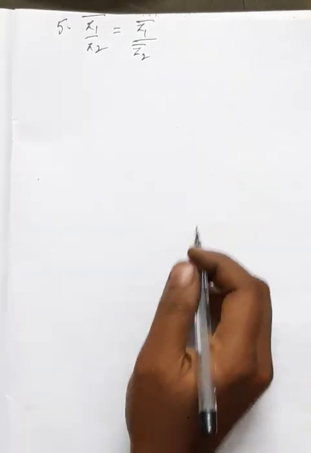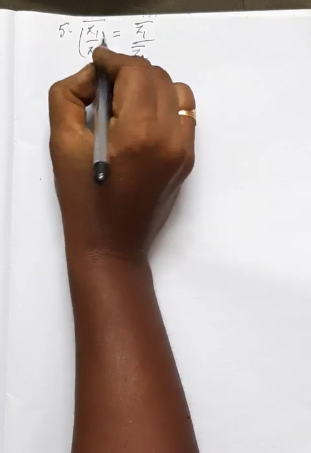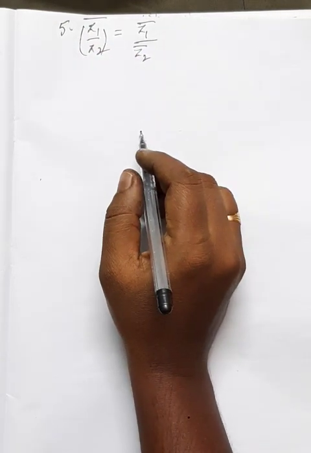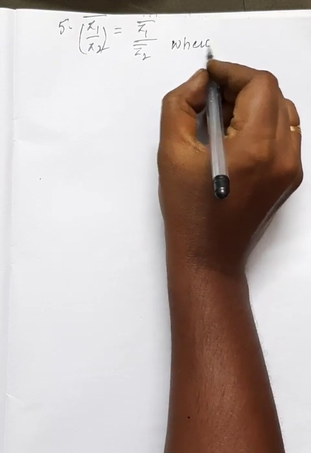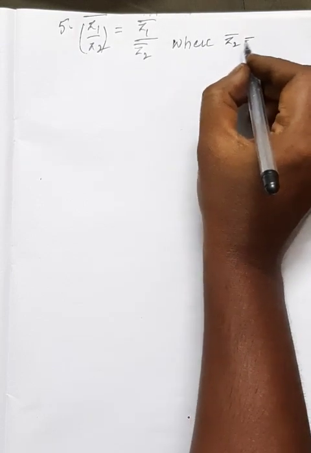Therefore z1 by z2 whole bar is equal to z1 bar by z2 bar, where z2 bar is not equal to 0.